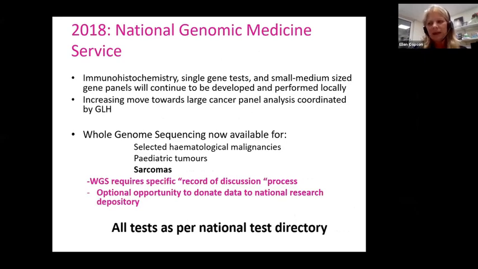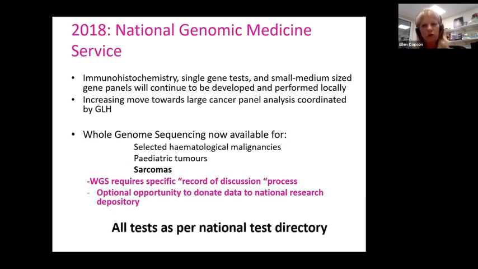And what is happening in terms of cancer care is that there's a plan to move from the immunohistochemistry single gene tests and the small to medium sized panels that have been our common practice, and the aim is that eventually we will get to much larger scale cancer panel analysis coordinated by the laboratory hubs.